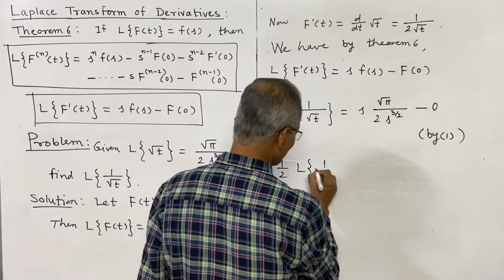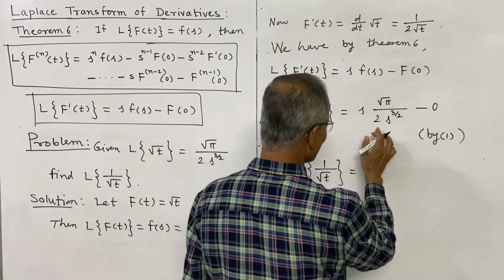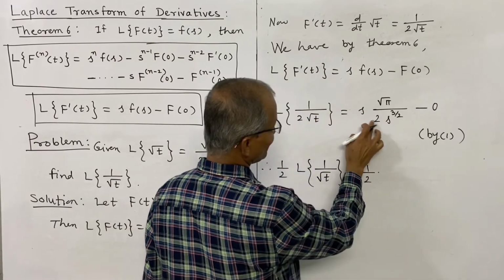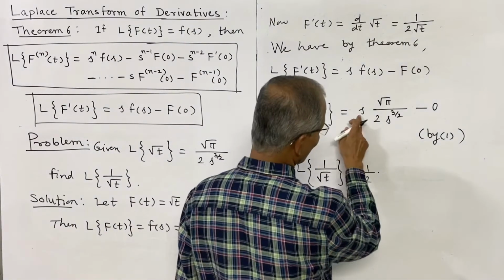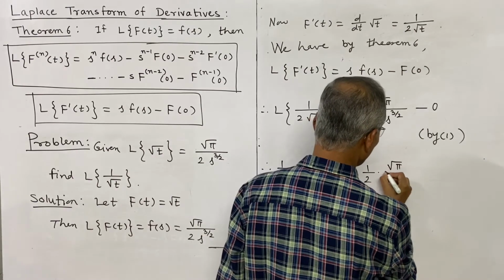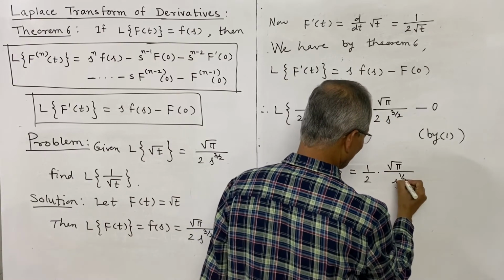So Laplace transform of 1 upon root t is equal to, now you see, this half can also be taken separately, and s we can take in the denominator with negative power, or this term of s cancels from these two, and we get root pi divided by s to the power 3 by 2 minus 1, that is 1 by 2.